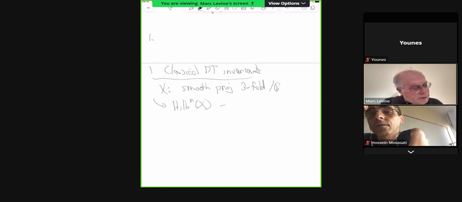This is length n, dimension 0, closed subschemes. Really, it parameterizes flat families of such.